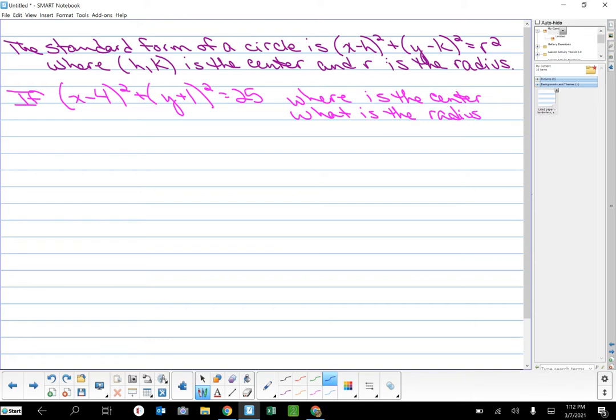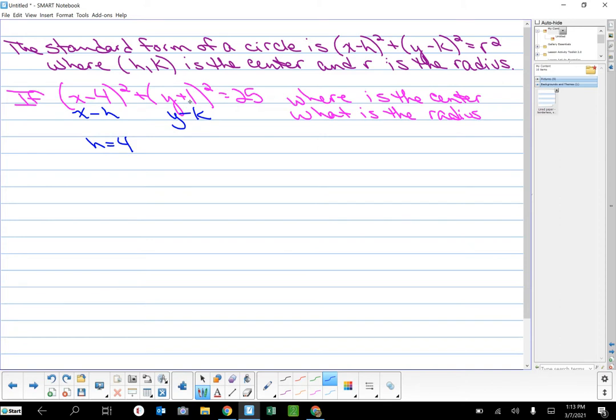So the formula is x minus h. So the minus is already in the equation. So h equals 4. And we know that y minus k is in the formula.